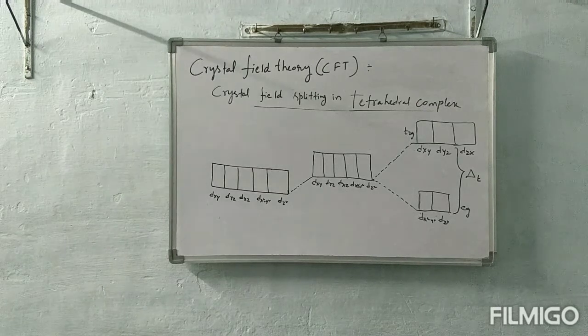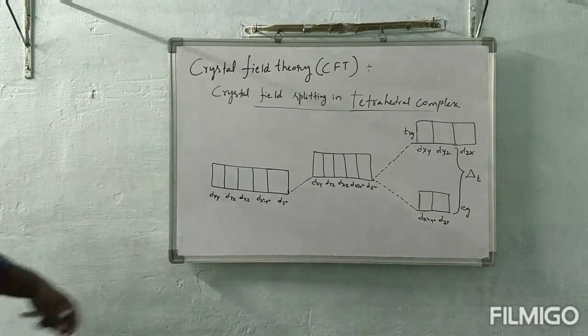Okay, and there is one more term I am going to introduce, that term is capital P. Before that, I hope you are clear about crystal field splitting in octahedral and tetrahedral complexes now.